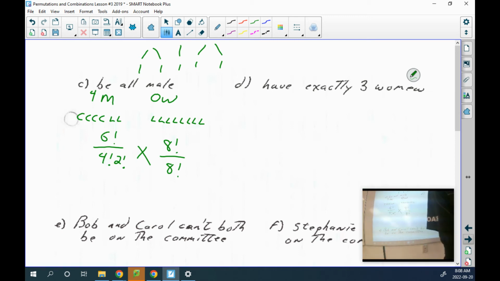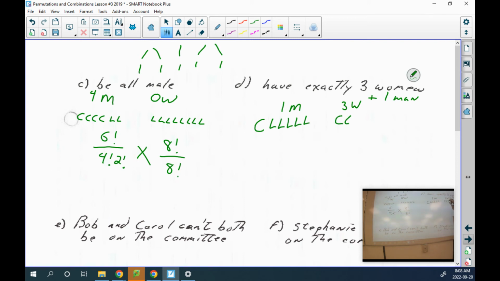Have exactly 3 women. Well, there's a better way of saying this: 3 women and 1 man. So again, we have to break it apart into women and men. Out of the 6 men, 1 is on the committee, 5 are lucky. Of the 8 women, 3 are on the committee, and 5 are lucky.